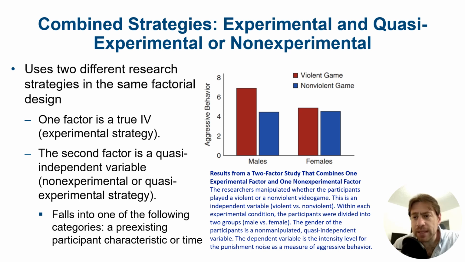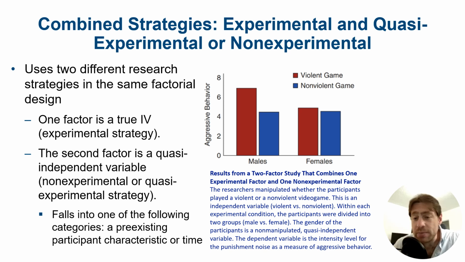So the gender and video game violence study that we discussed at the beginning of this chapter is a great example of a combined strategy of this type. Because, if you recall, there was an independent variable, which was the level of violence in the video game. This variable is manipulated. And then there was a quasi-independent variable, that of the gender, male or female.